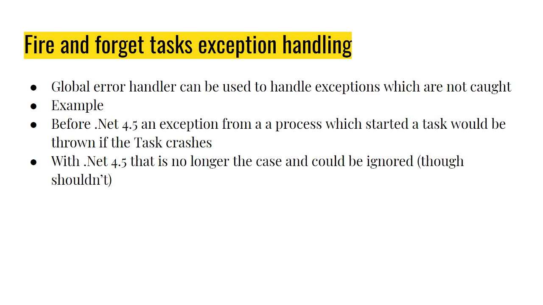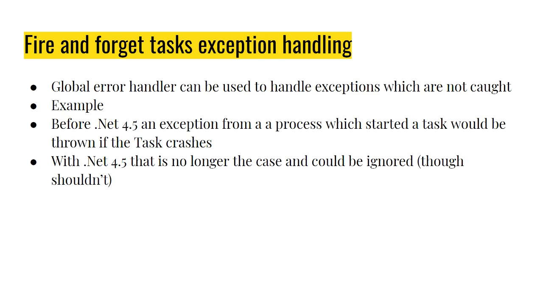Sometimes we cannot handle exceptions. I mean, sometimes we have tasks which we fire and forget, and it's quite hard to handle those. So how do we handle them? There are global error handlers which can handle exceptions in general which aren't handled.